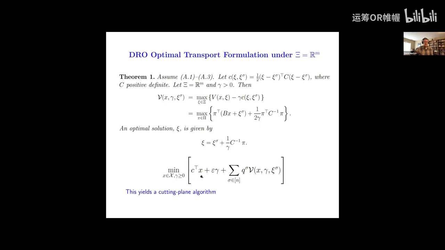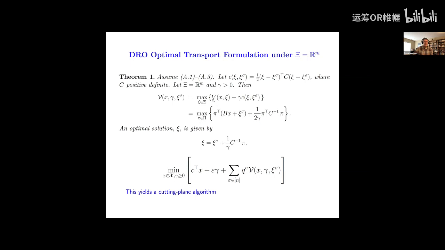All right, you've got your first stage cost. You've got the cost associated with dualizing the Wasserstein ball constraint. And now you have this expectation with respect to the nominal distribution, but nature changing the points of support here.